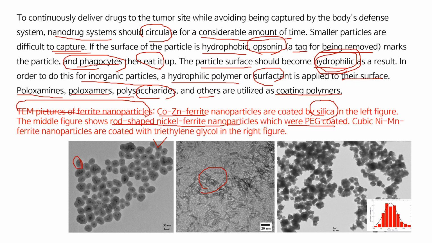These particles are coated with PEG. And here, cubic nickel manganese ferrite nanoparticles, which are coated with triethylene glycol on their surface. The size of the particles is less than 100 nanometers.